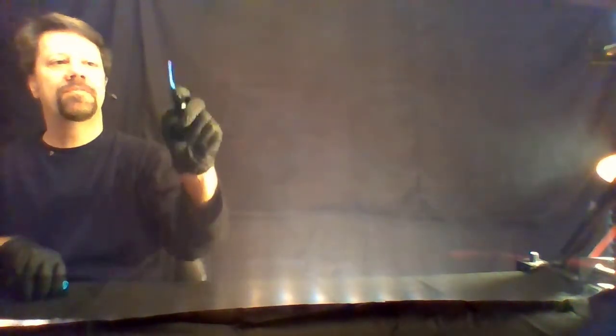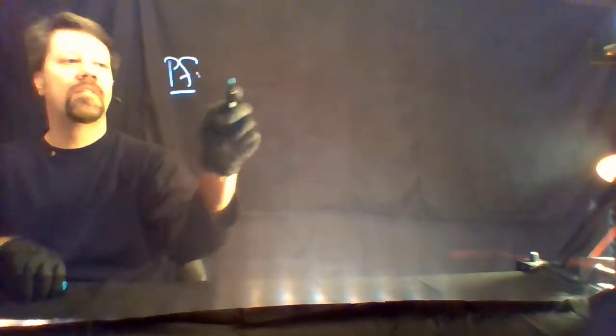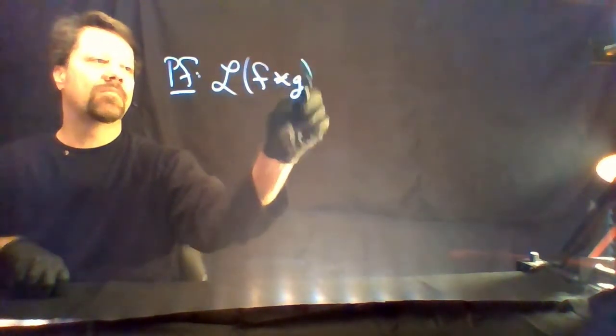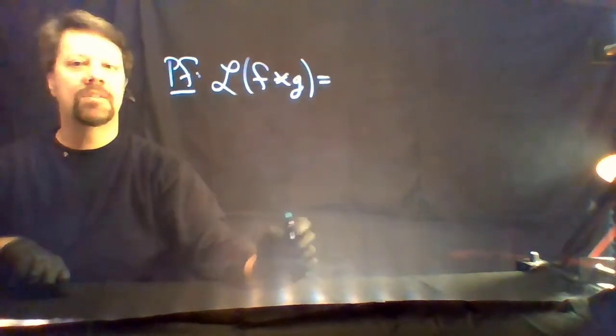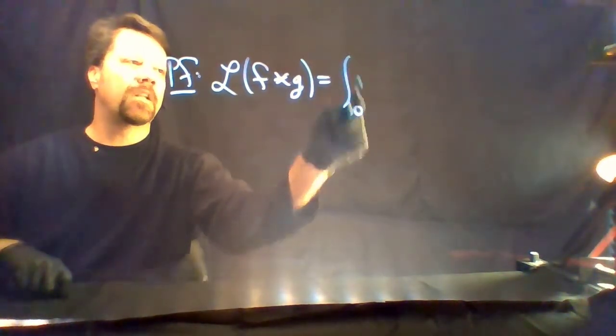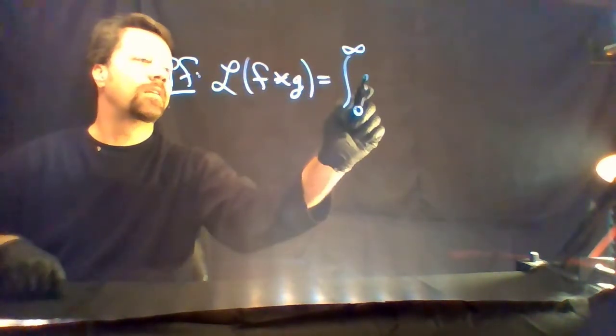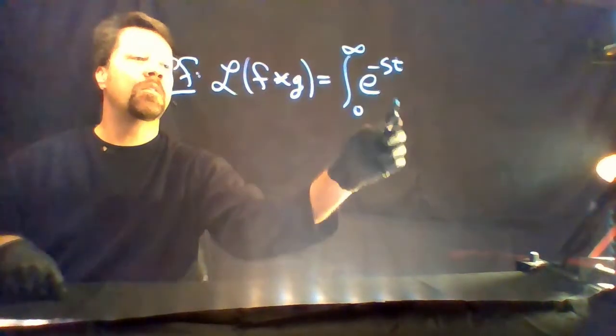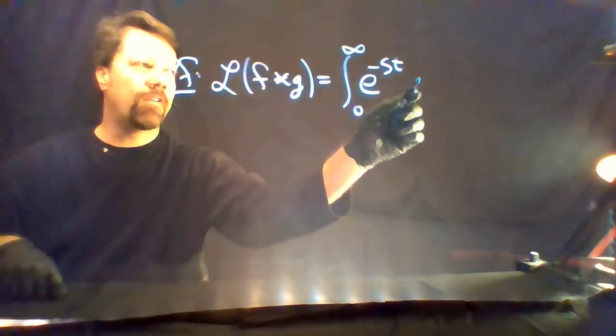The proof proceeds by taking the Laplace transform of f convolved with g. Well, this involves two integrals. First, the integral from the Laplace transform, and that gives an e to the minus st, but then we have this f convolved with g.